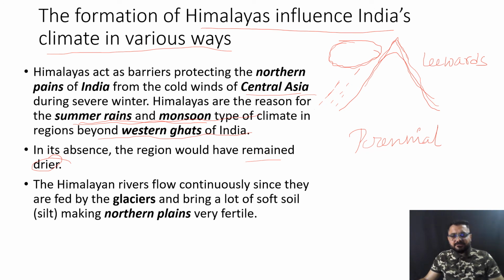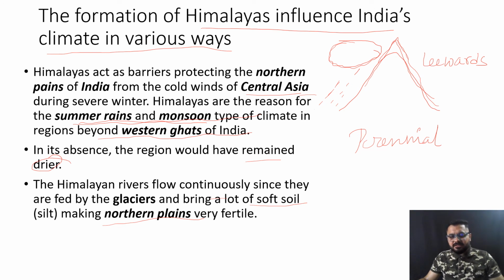The Himalayan rivers flow continuously since they are fed by the glaciers, and they also bring with them lots of soft soils, making the northern plains of India, children. We are going to talk about northern plains after we complete Himalayas. The northern plain is a land that is completely filled with fertile soil, and most of the agriculture in India is practiced in the northern plain.